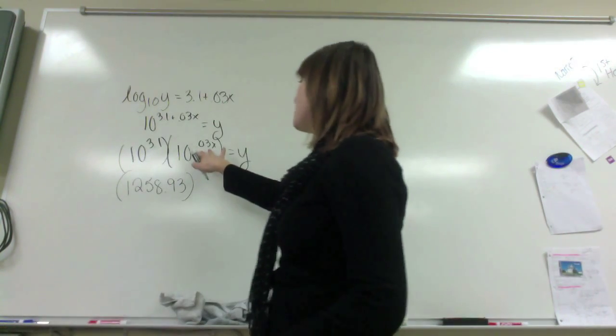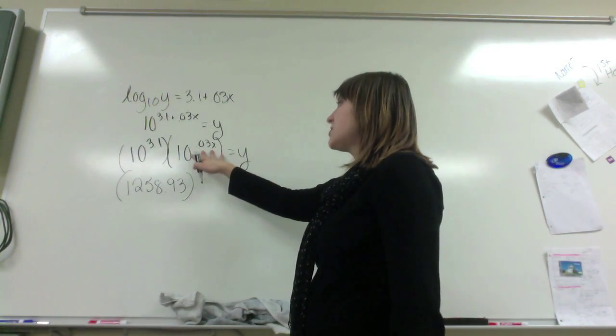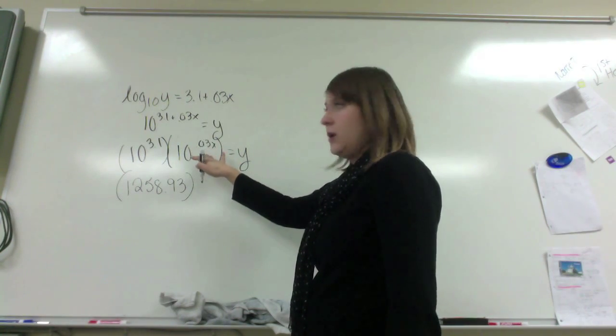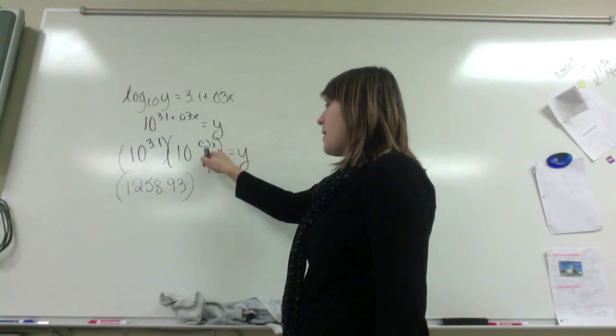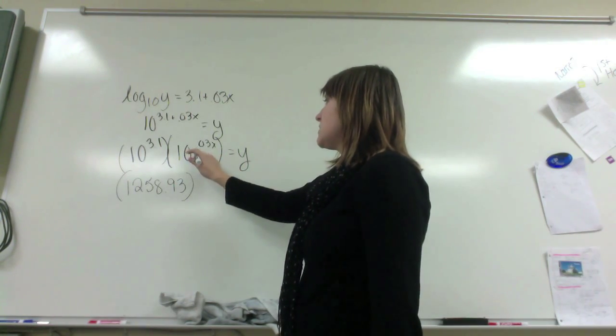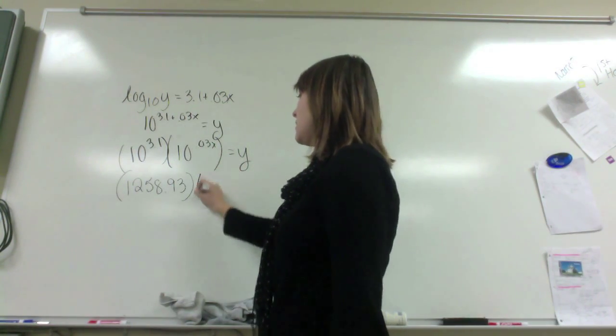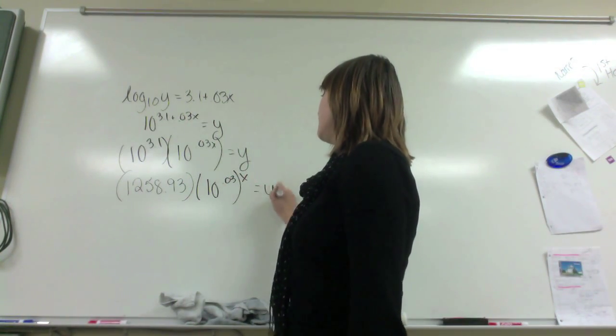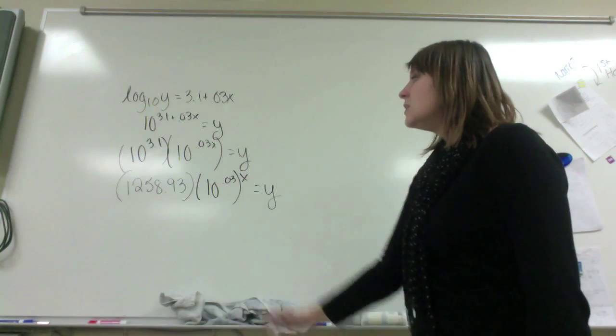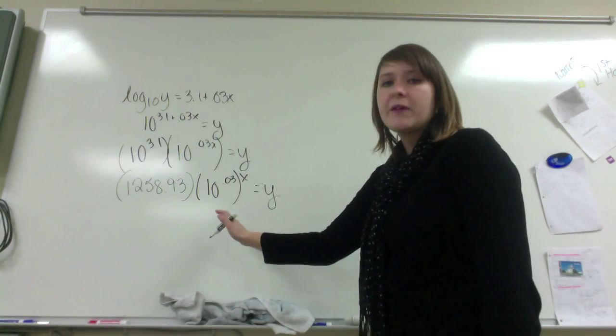Now this 10 to the 0.03x, I can't just plug in because it has a variable in it, but I can get rid of that by using my power to a power property. So I can change this into 10 to the 0.03, to the x, equals y. Now 10 to the 0.03, I can plug into my calculator.